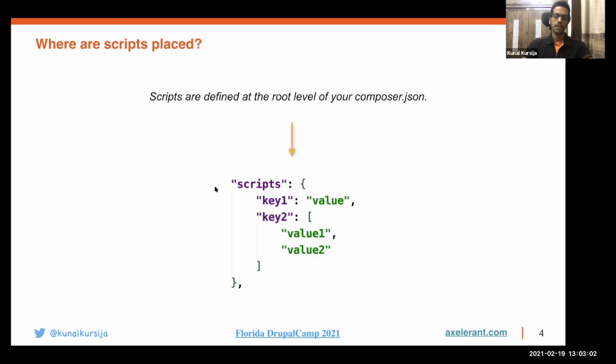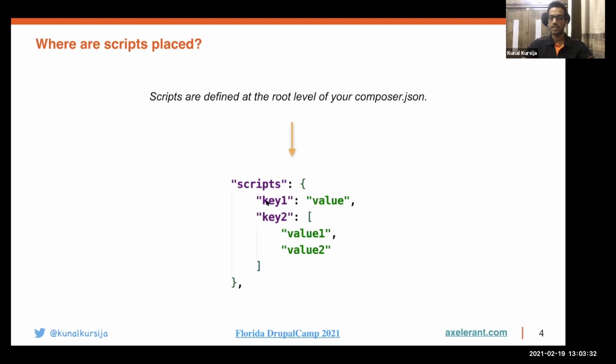Now, in terms of Composer, these scripts are placed at the root level of your composer.json. I don't know if you have seen this, but this is how scripts look. We'll be seeing the live composer.json of one of the projects that we have created today for this demo, and this is just a screenshot of how that section looks. It is basically in the scripts array.